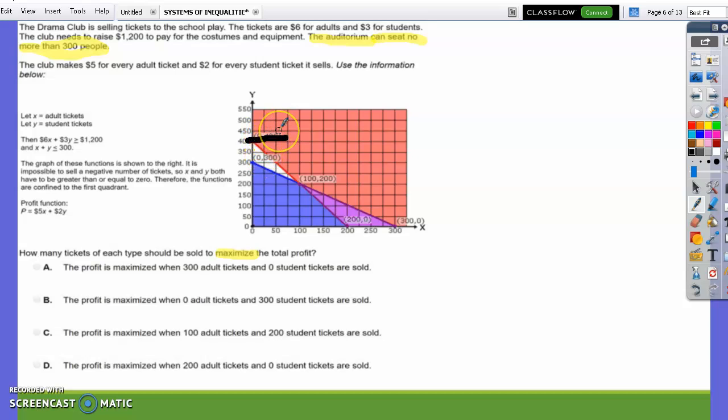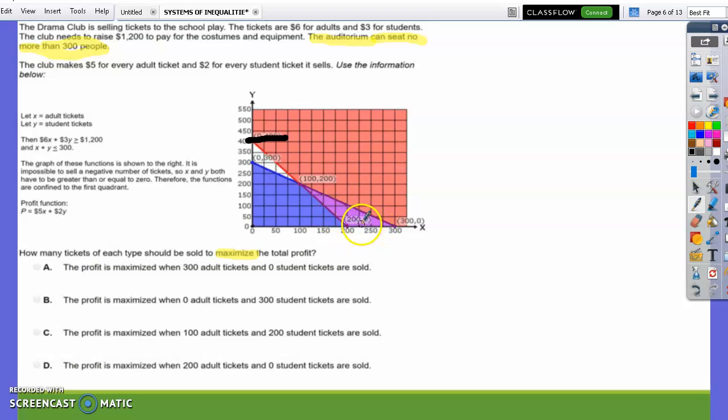I'm not using 0, 400. The second ordered pair they give us is 0 adult tickets, 300 student tickets. 0 plus 300 is 300, so I'm going to leave this as an option. The next ordered pair is 100 adult tickets, 200 student tickets. 100 plus 200 is 300, so this is also a possibility.